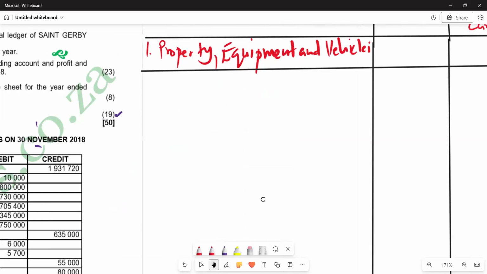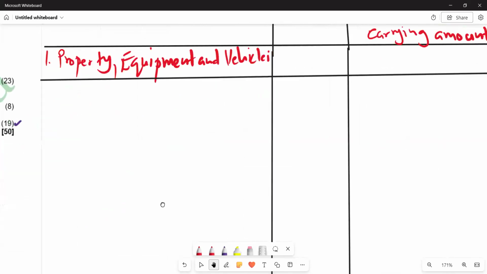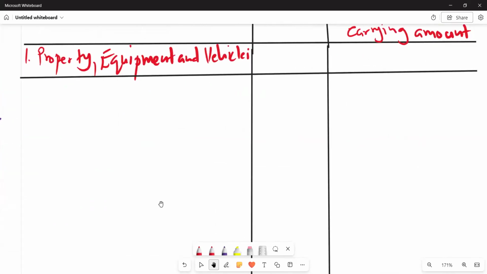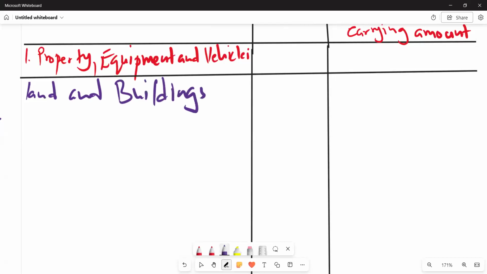We are going to start with the first one, which is our land and buildings. The figure that we have for land and buildings is 800,000, so we're going to put it in this column.